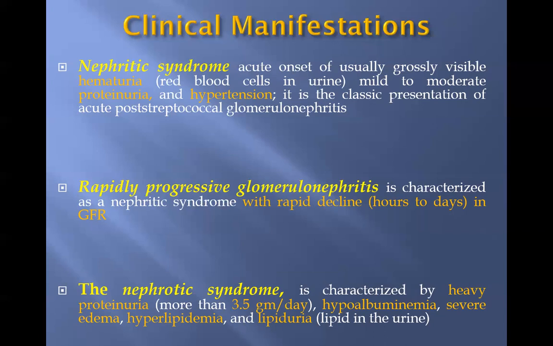Hyperlipidemia: to compensate for the oncotic pressure, the liver starts producing more and more lipid. Then lipiduria: when the lipid concentration increases in the blood, it will also come out in the urine. So there are five important things: heavy proteinuria, hypoalbuminemia, severe edema, hyperlipidemia, and lipiduria. This is nephrotic syndrome.